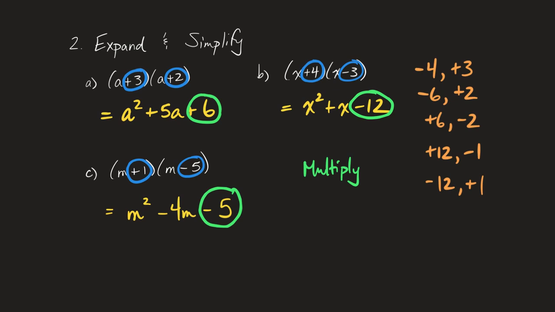Here's where I'm hoping we start to look at the other numbers in our trinomials. How can I tell that it had to be a plus 4 and a minus 3? Well, it added together to give me a positive 1.